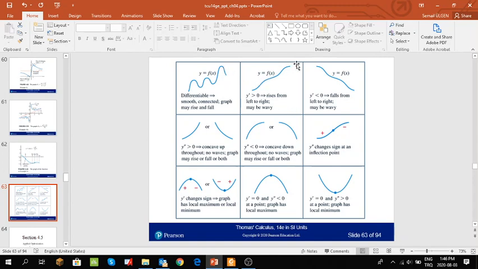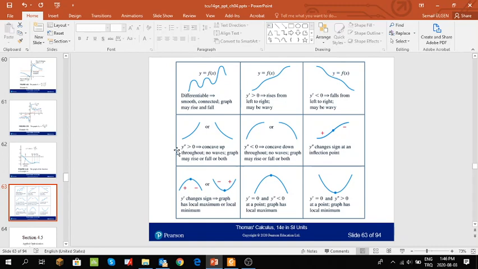If the first derivative is positive, if you remember the first derivative test, this function is increasing. And as you see, the curve could be wavy, but it's increasing. Look, it's going up and up, but in a wavy way. That's fine. If the first derivative is less than 0, f is decreasing and it can go down in a wavy way.